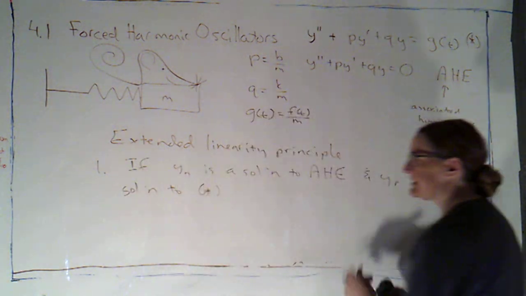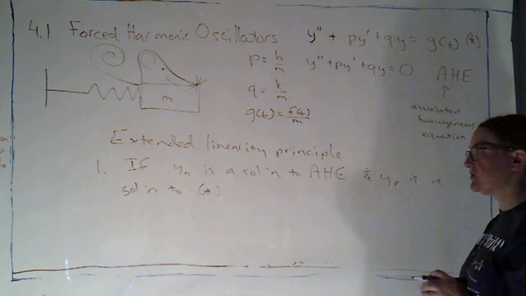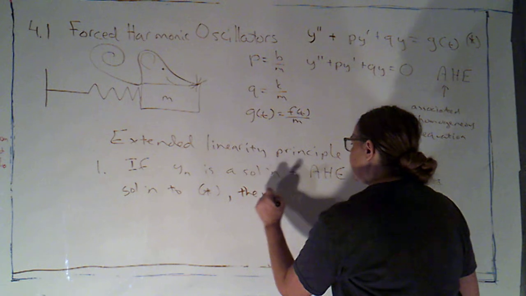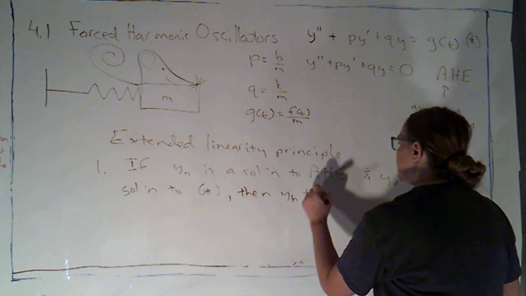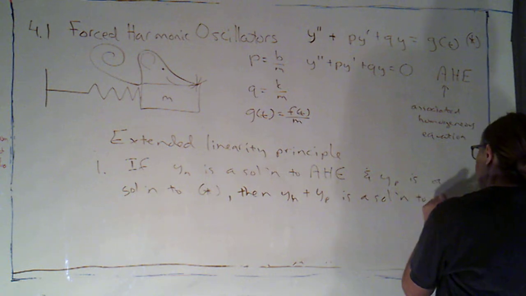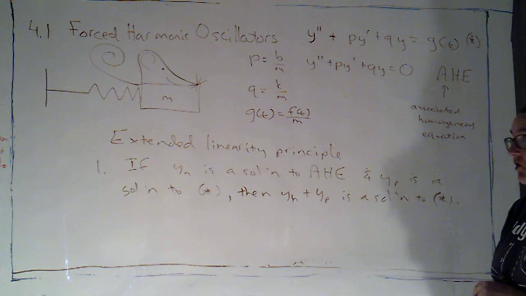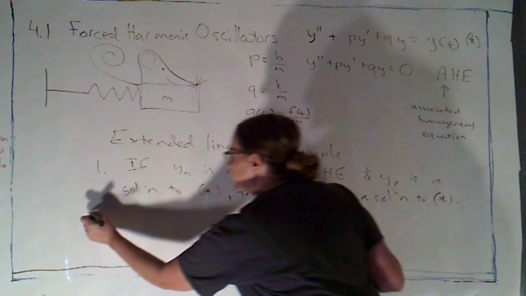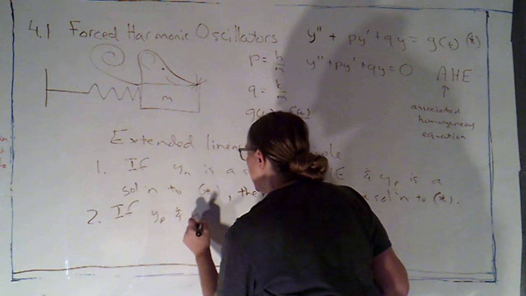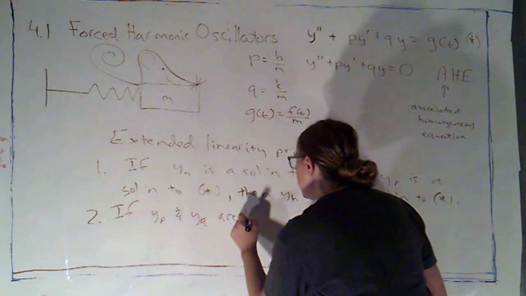I think of that p as standing for particular solution. It's usually a particular one that I managed to guess. Then y sub h plus y sub p is a solution to star.